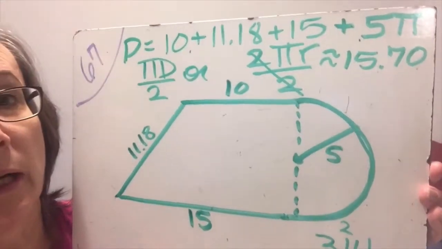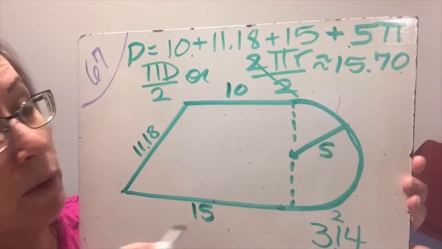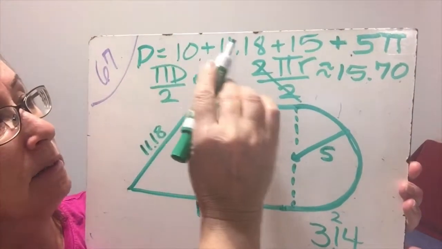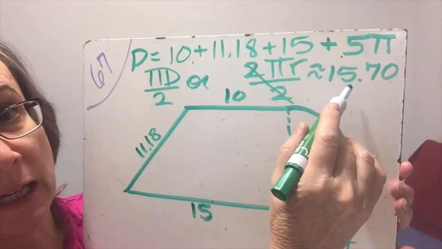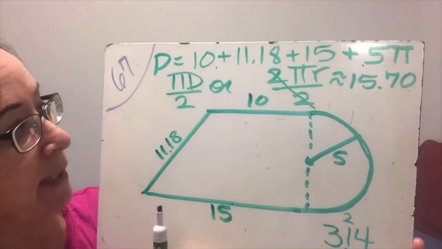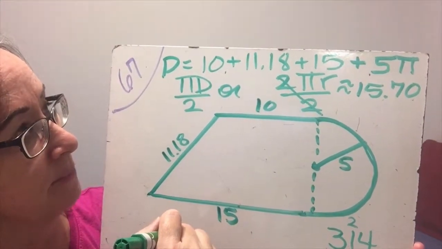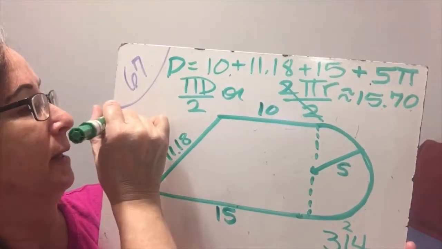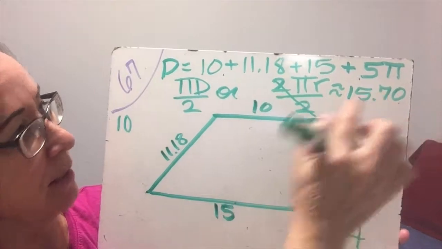Okay, let me hold my board a little bit closer. All right, so now we're ready to add 10 plus 11.18 plus 15 plus 15.70. Now remember, when we're adding decimals, we need to make sure that they're all in a nice straight column. The most decimal places we have is 2 decimal places.